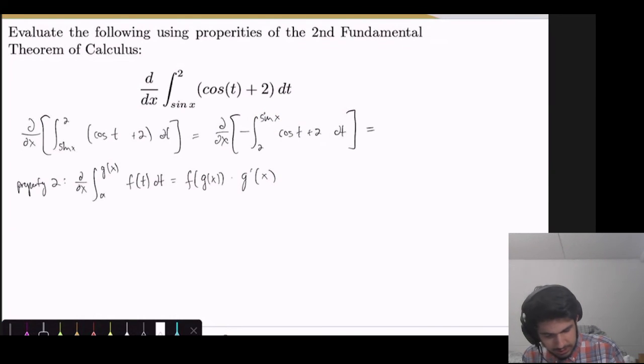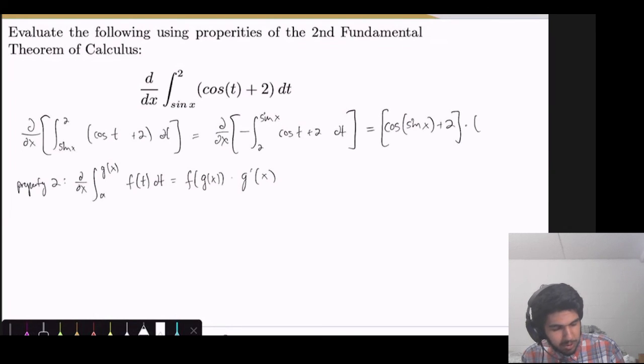That's cosine of sine of x plus 2, times the derivative of sine of x, which is cosine of x. But then we also had this minus sign here, so we have to throw that in there.